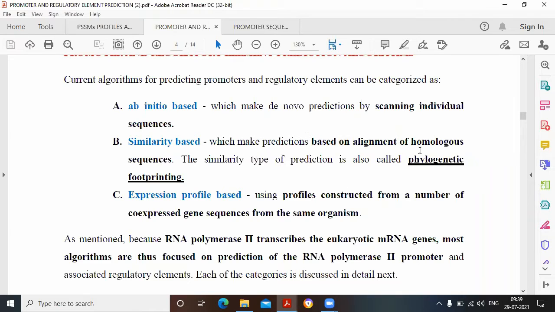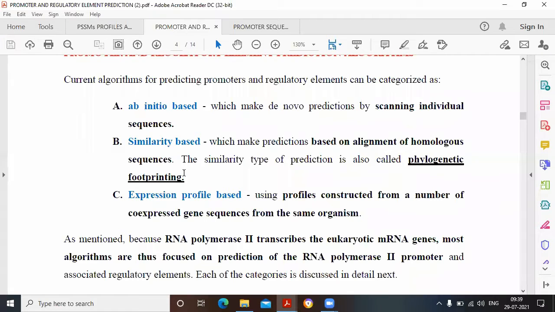This way, once we provide the sequence, we try to find out, letter to letter, what kind of similarities there are. This process is also called the phylogenetic footprinting method. DNA footprinting is a wet lab method which predicts exactly where the RNA polymerase is binding.